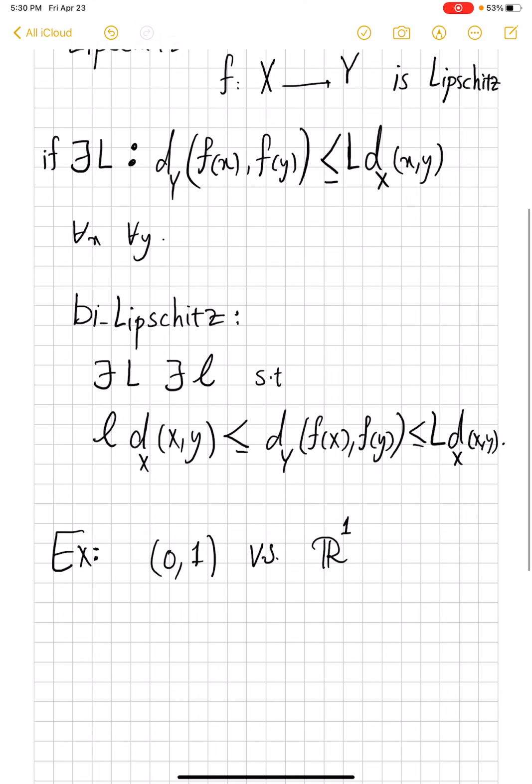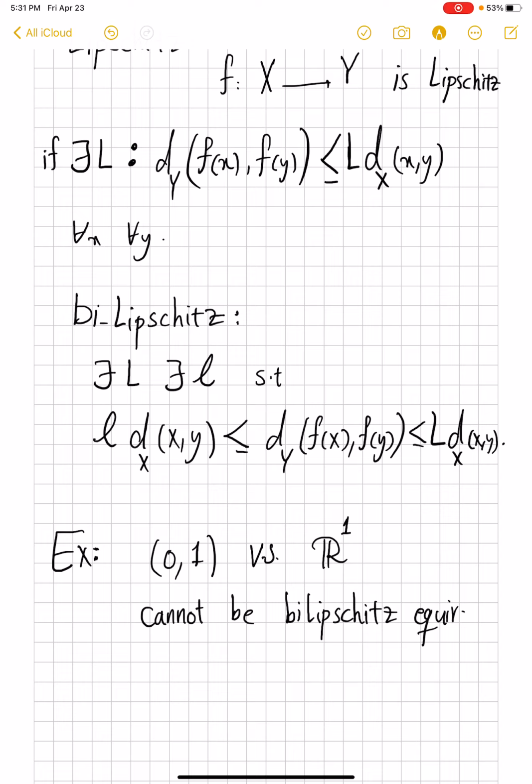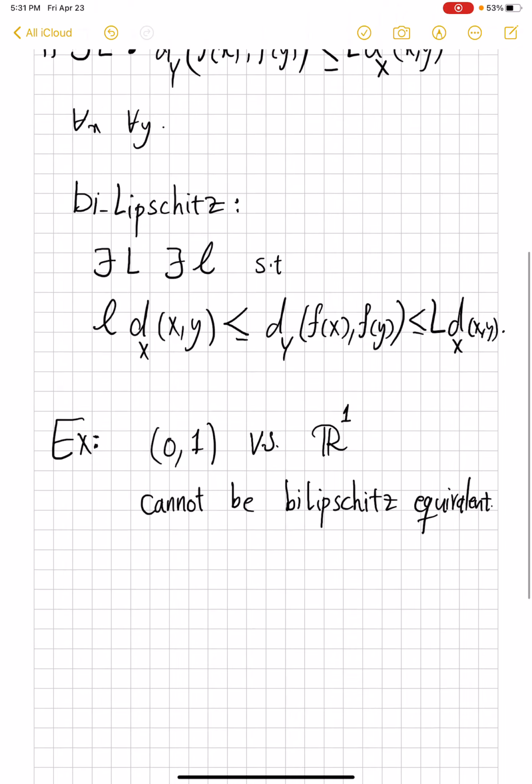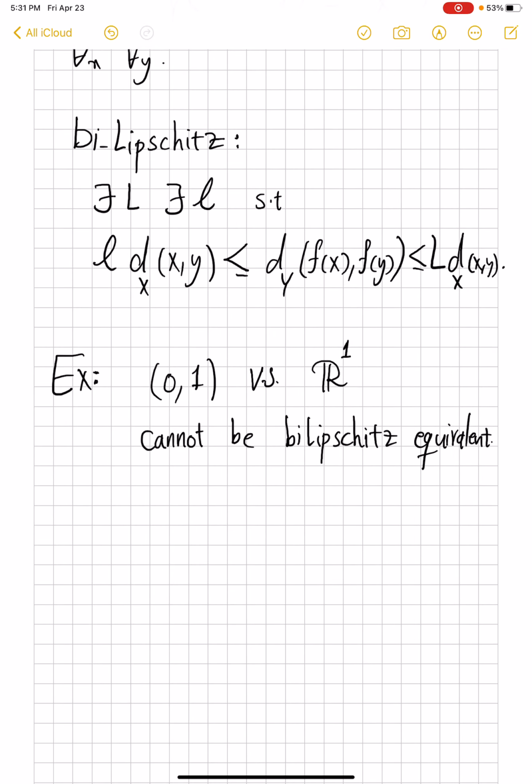But you can see there cannot be any bi-Lipschitz map between them. So these metric spaces cannot be bi-Lipschitz equivalent. It can be seen from, for instance, saying that one set is of finite diameter, the other one is of infinite diameter. And that's where you see that metric structure is a bit stronger than topological structure.